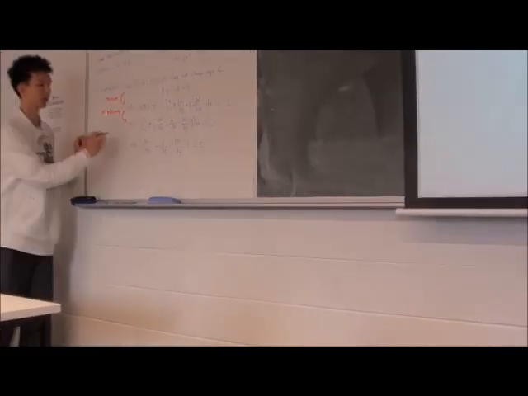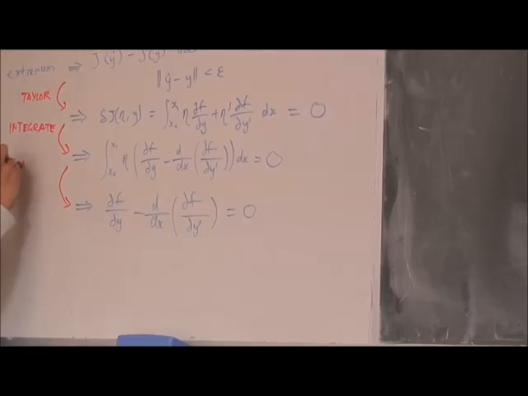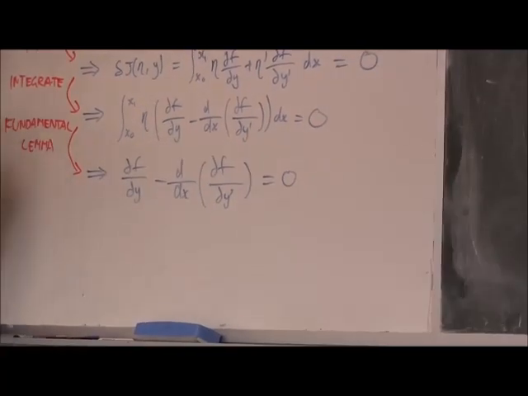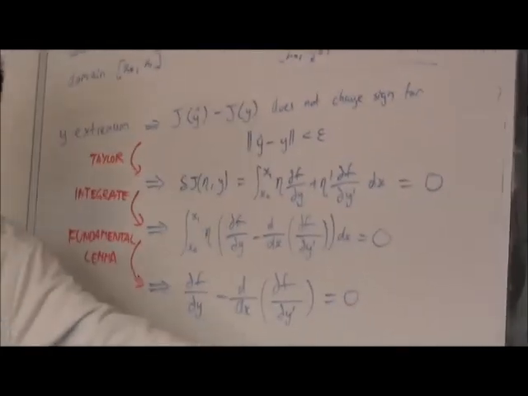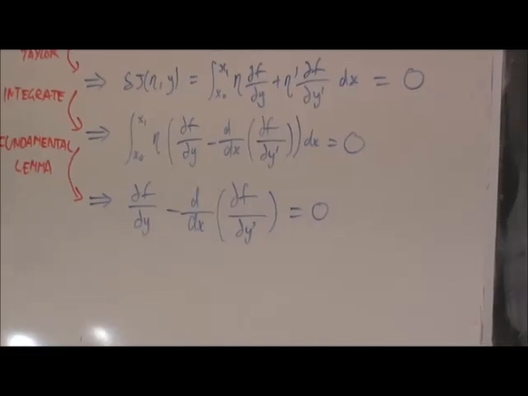And then finally, we use the fundamental lemma and we get this equation. So what this means is if y is an extremum for the function J, then this equation is going to be satisfied. And so this is the Euler-Lagrange equation.